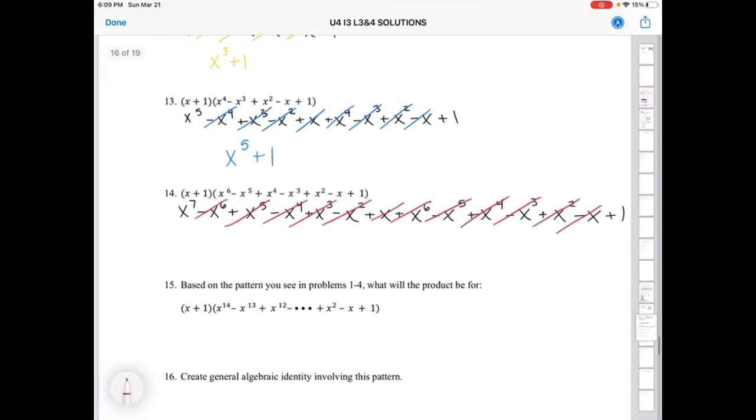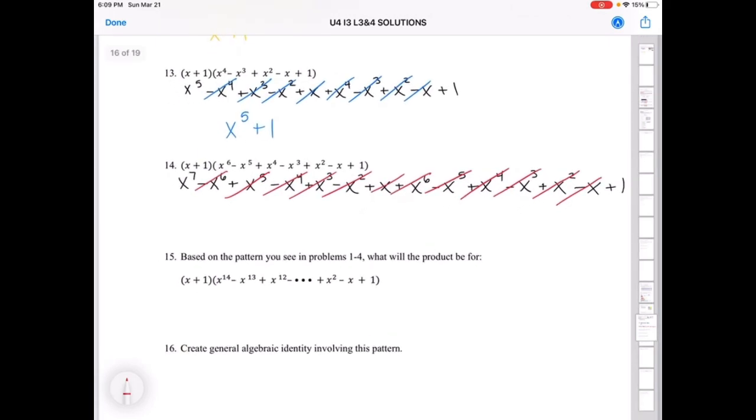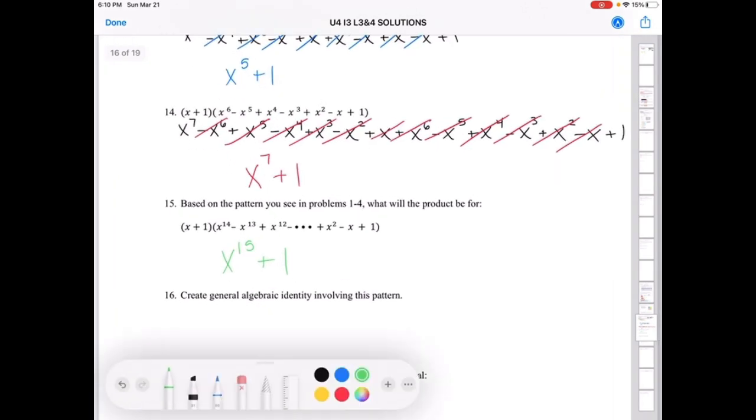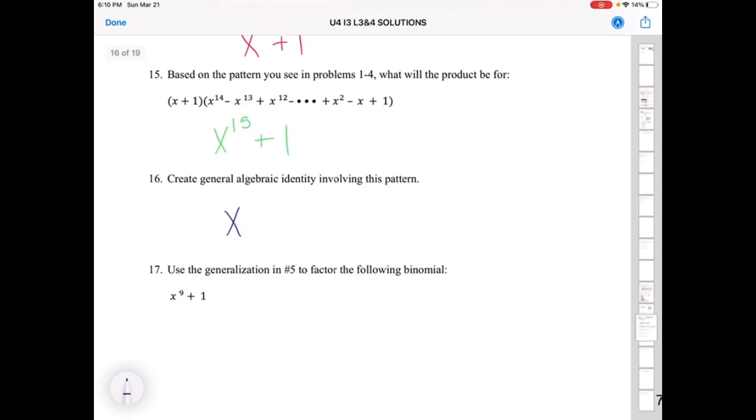And you have to be very careful because right there I just forgot one of my terms. So if you forgot one of your terms, then it would not have worked out the same way, but you would have been left with x to the seventh plus 1. Again, a general algebraic identity for solving this would be x to the n plus 1 plus 1.